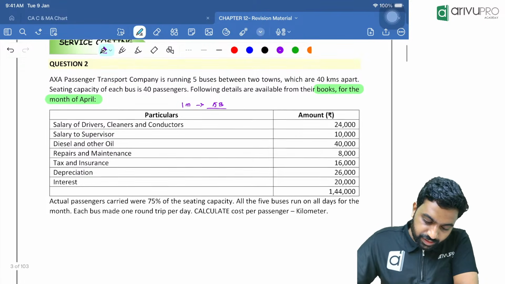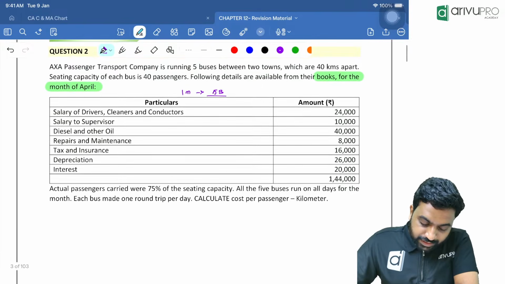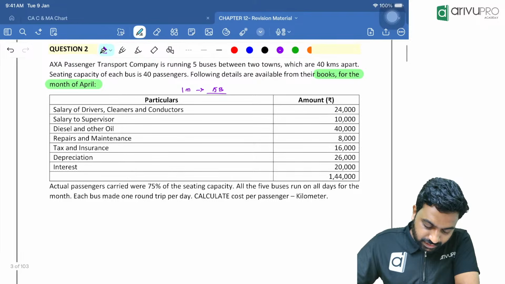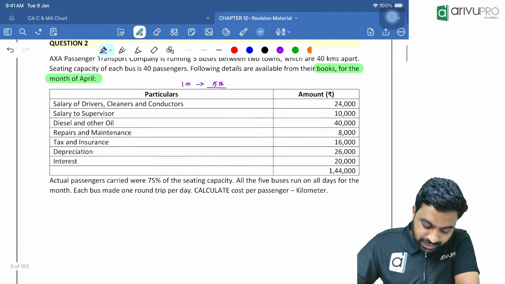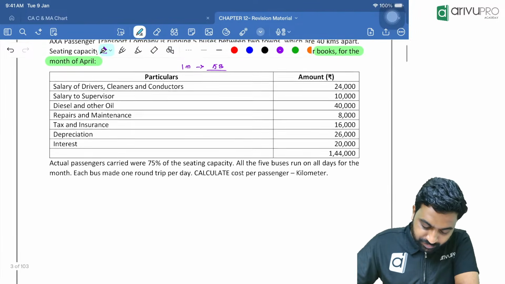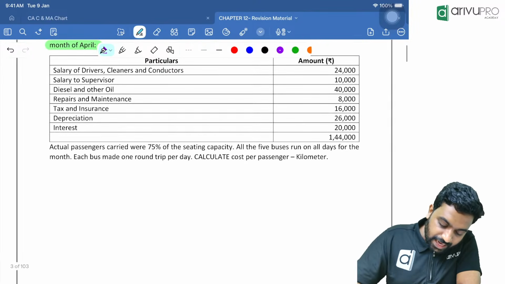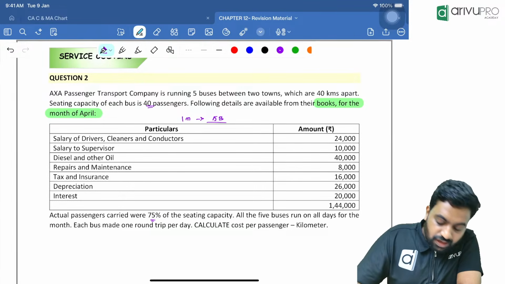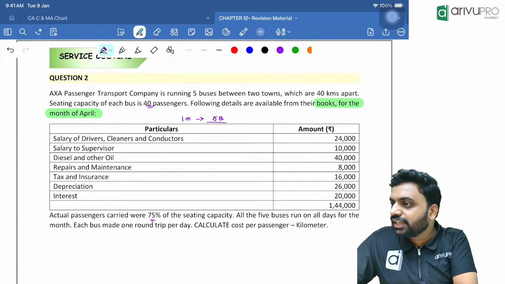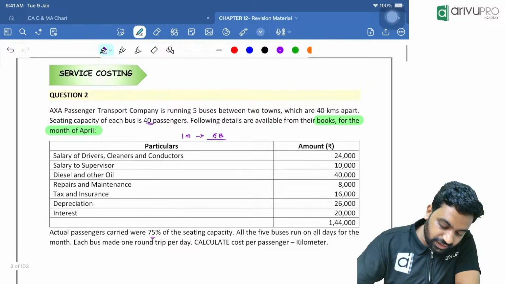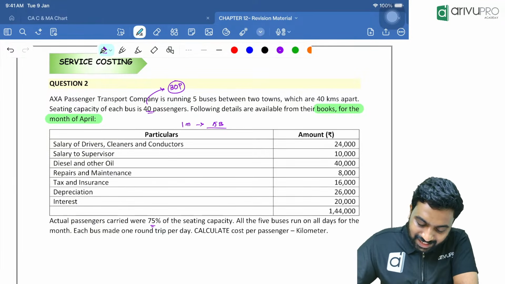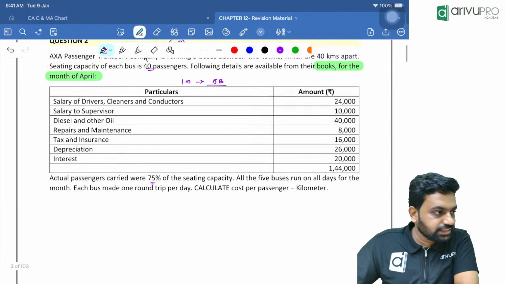Okay, done. Salary of a driver, cleaner, conductor, supervisor, diesel and other oil, repairs and maintenance, tax and insurance, depreciation, interest. Actual passengers carried were 75% of the capacity. That means 40 passengers we are not carrying, rather 75% of that. On an average, we are carrying 30 passengers.